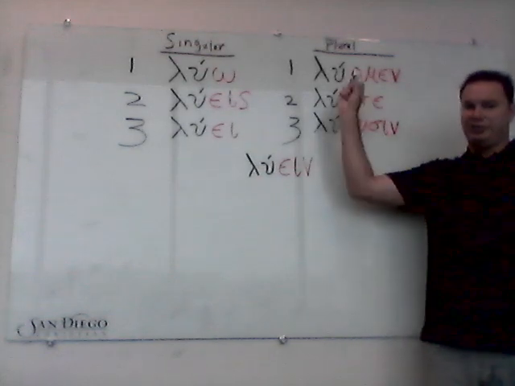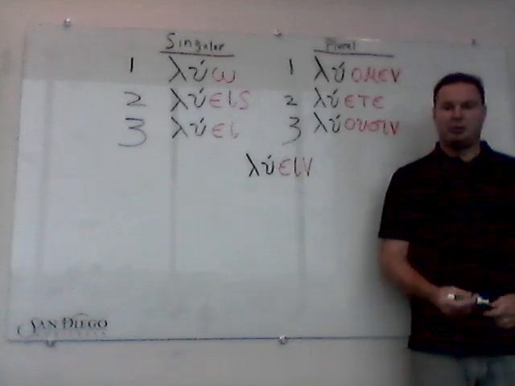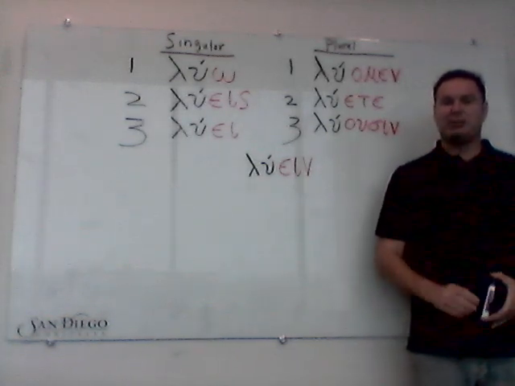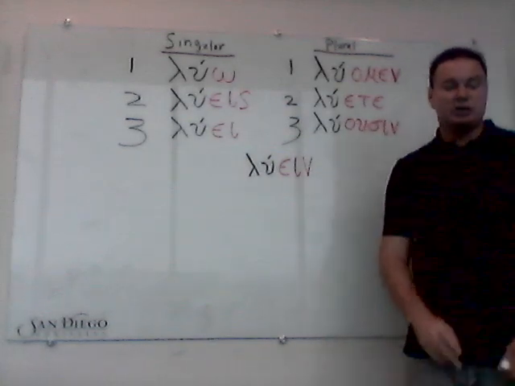I realize that you can't see that very well, but that says plural. I promise. I probably should have written it just a little bit bigger. But yes, so Greek verbs have person and number.